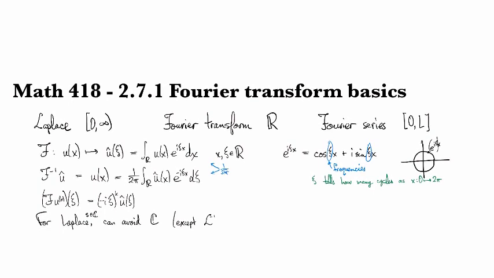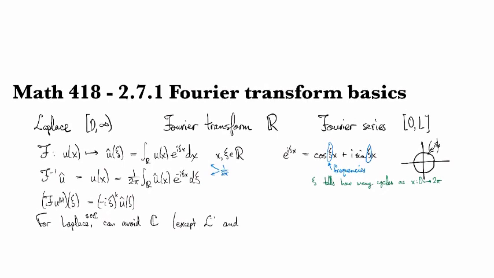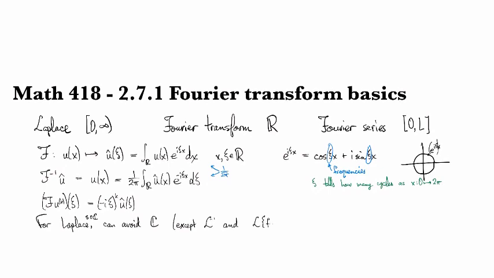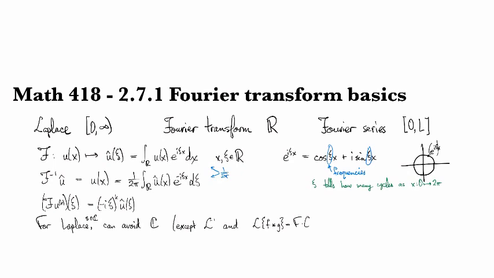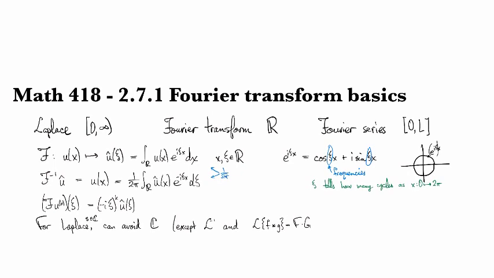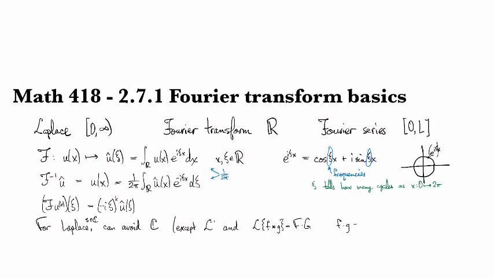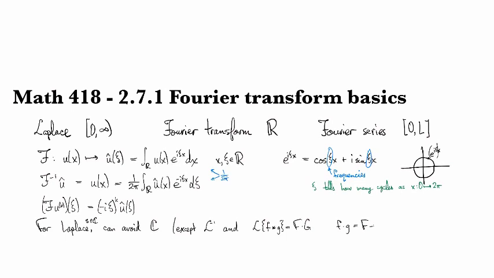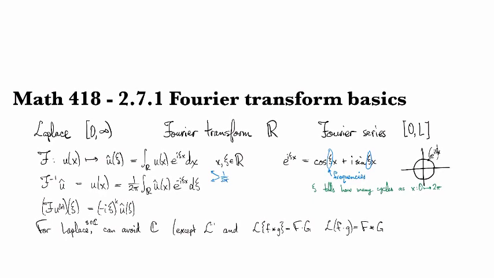Also, we talked about the way that the Laplace transform of a convolution is equal to the product of the Laplace transforms, but it also goes the other way: the Laplace transform of f times g is going to be the convolution of f and g.